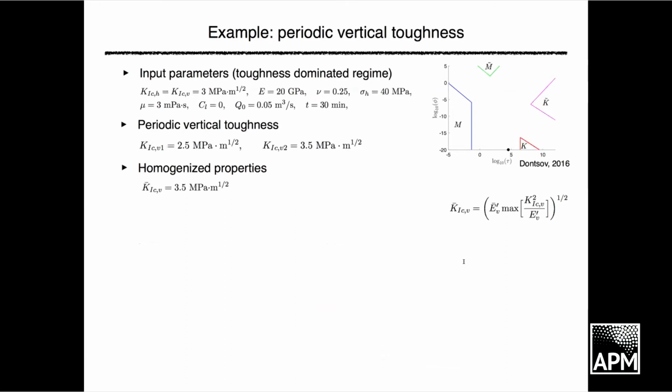And the vertical toughness, now let's jump from 2.5 to 3.5, again periodic material. And as shown by these equations, we need to take the maximum, the worst layer, right? In this case, it is going to be the maximum toughness, because the modulus is homogeneous. And so after homogenization, we have vertical toughness being 3.5. Okay, so it's the max between 2.5 and 3.5.